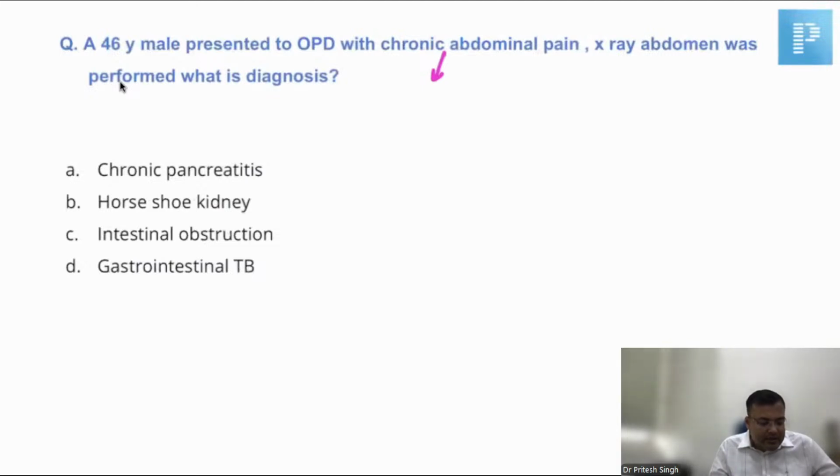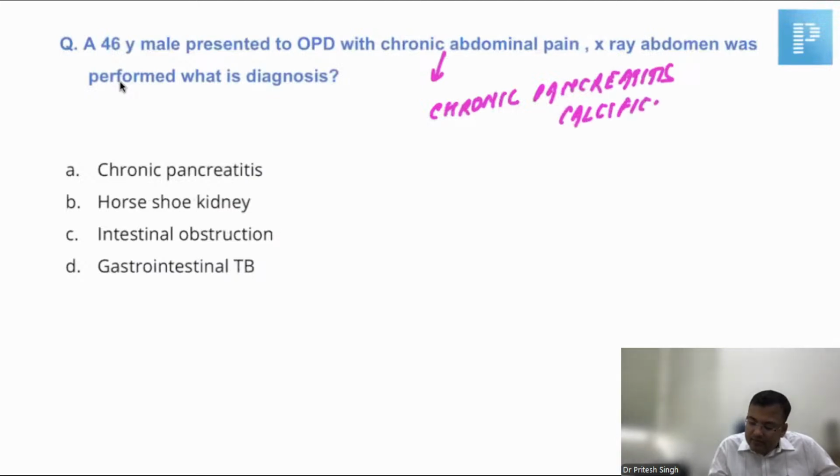Graves' disease is associated with HLA-B8, DR3. Okay, this was chronic pancreatitis calcification. So guys, it was chronic pancreatitis calcification.